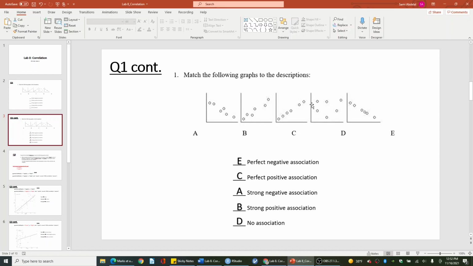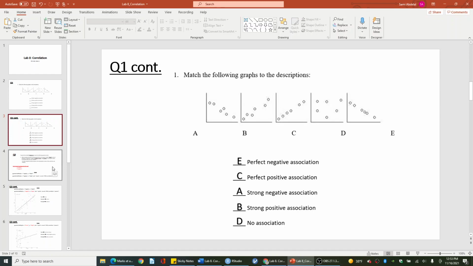The strength, they're not clustered around some sort of line or average. They're just kind of spread out everywhere. And then the direction as well. It's not positive, it's not negative, it's just kind of scattered about. So we would say no association.